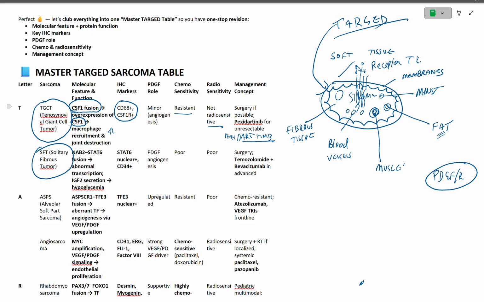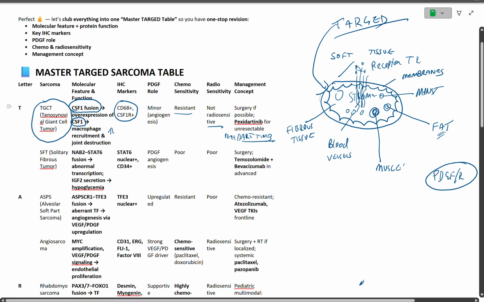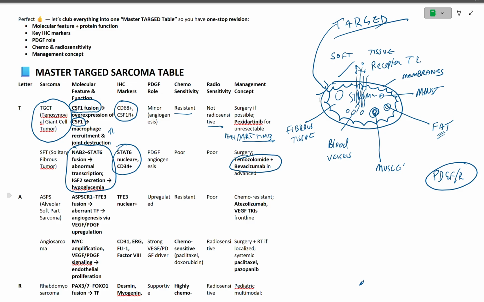For the solitary fibrous tumor, what's happening here is you have a STAT6 fusion, NAB2 STAT6 fusion, and your temozolomide and bevacizumab is used.